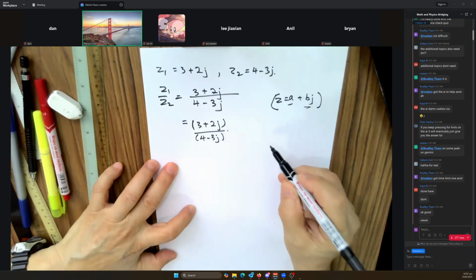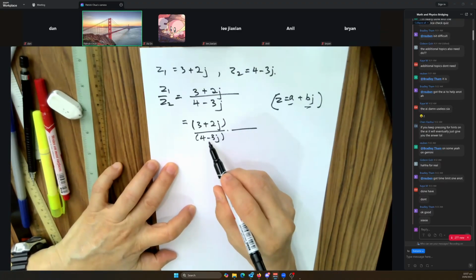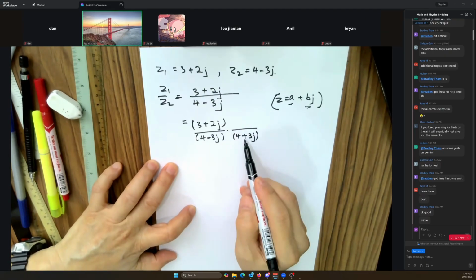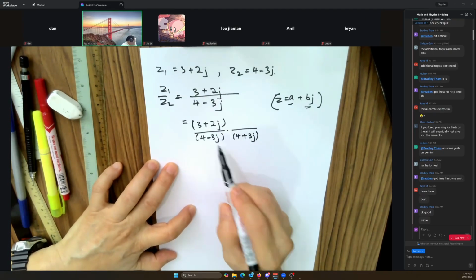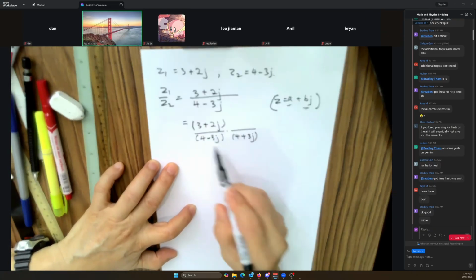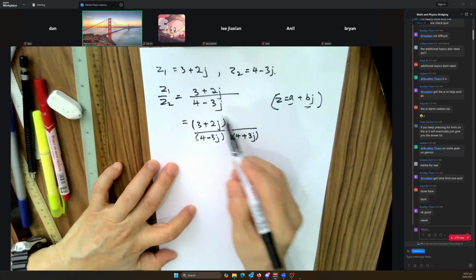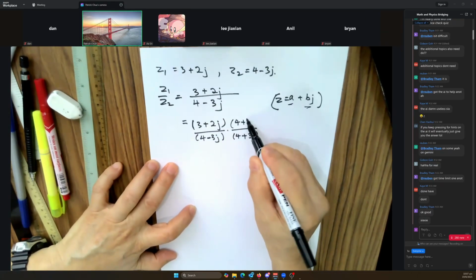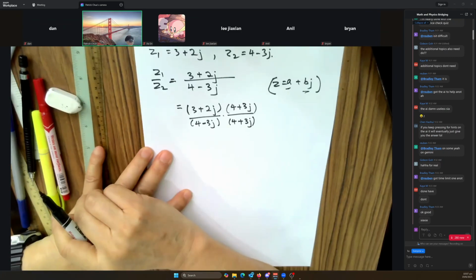That means the complex conjugate of the denominator is 4 plus, so changing the sign only. Okay. So 4 plus 3j is the complex conjugate of 4 minus 3j, with a sign change. Now you multiply the denominator by this. In order not to change the whole expression, you have to multiply the numerator by the same complex conjugate. Then no change in the expression. Okay.